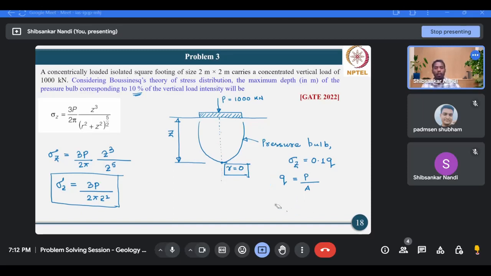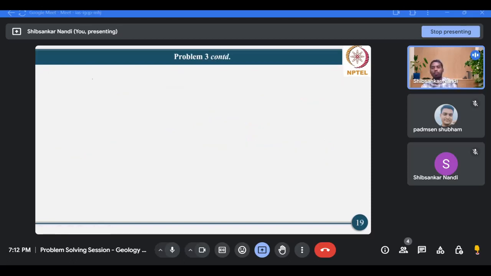Now we can equate these two expressions: 3P by 2 pi z squared equals 0.1 times P by A. Now this P will cancel out.